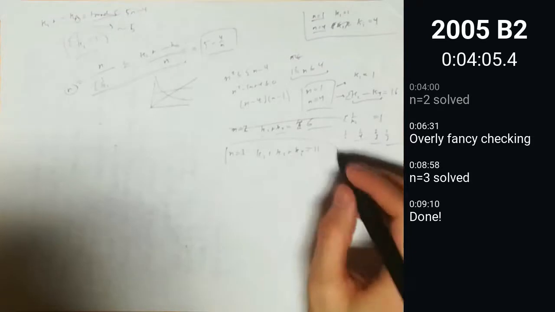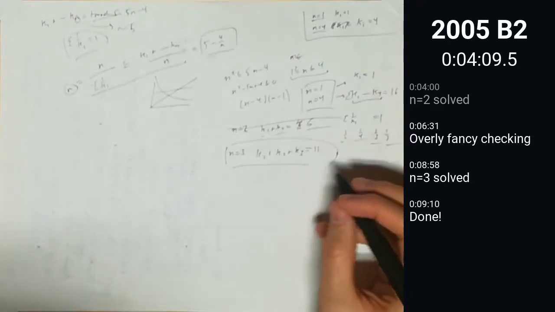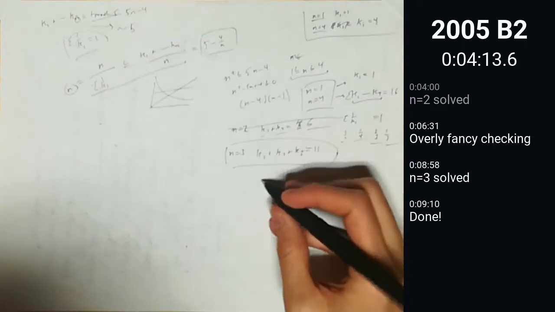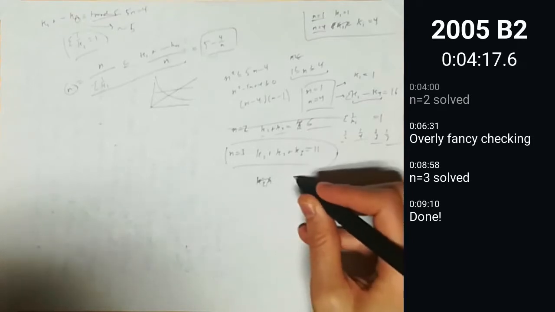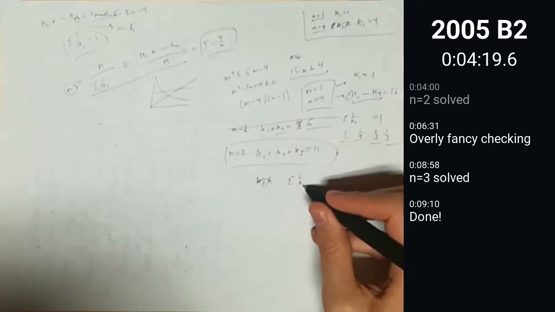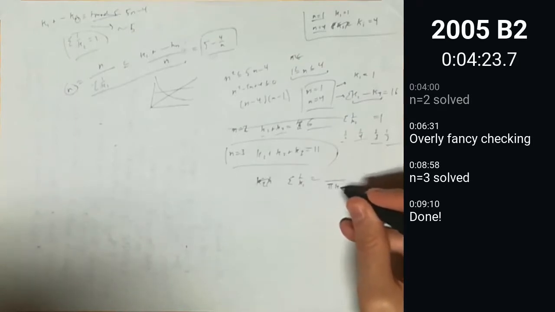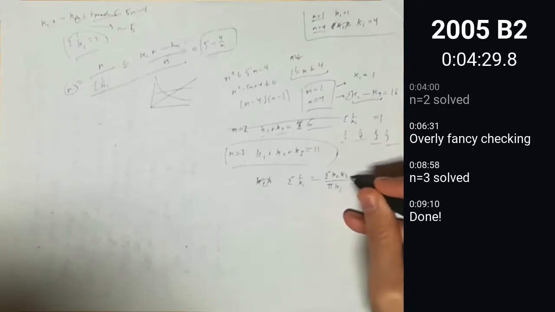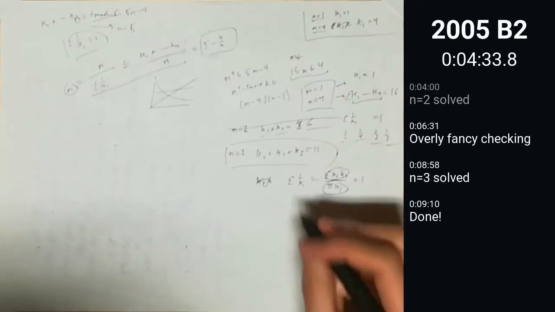Okay, that leaves n equals 3. The sum is 11 and the reciprocals sum to 1. Now we can write the sum of 1 over ki as the cyclic sum of k1 k2 over the product of the ki, and this has to be equal to 1, so that means this is equal to that.